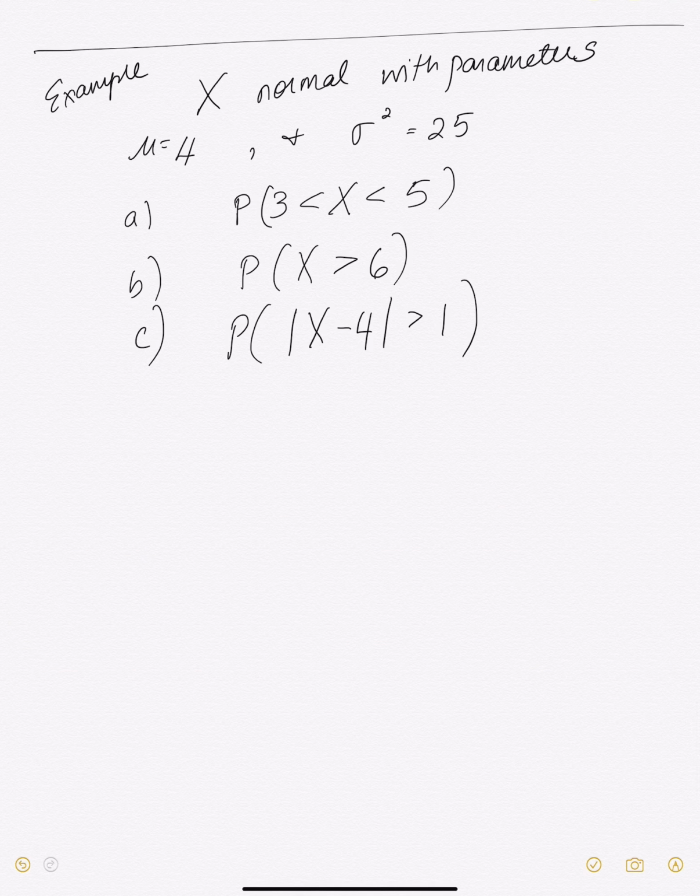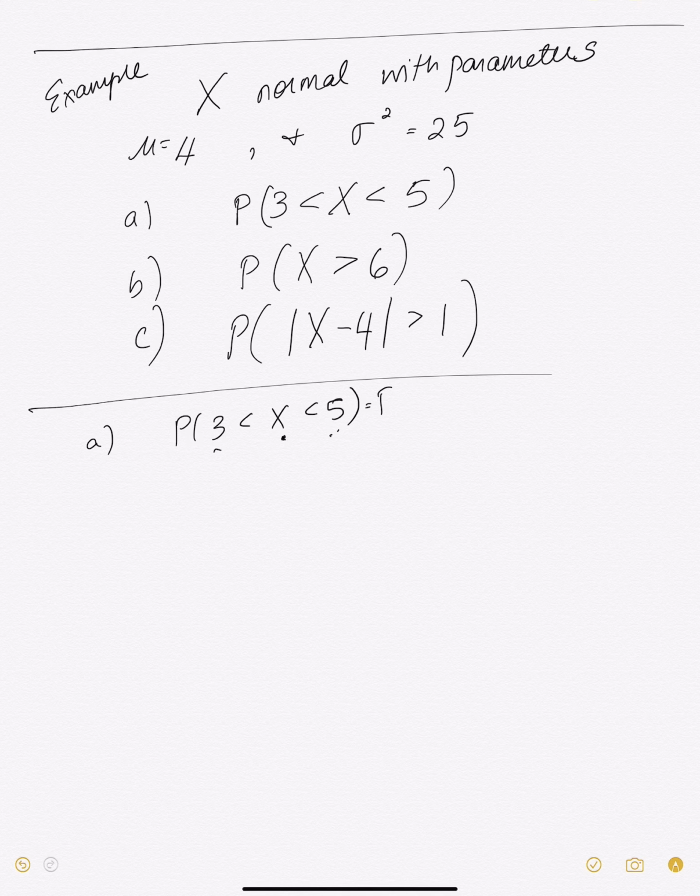So what do we have? The probability X is between 3 and 5. How do we calculate this? Like we said, what we need to do is subtract the mean and divide by the square root of the variance, which is the standard deviation. If you have an inequality and you do it to one part, you have to do it to all three.